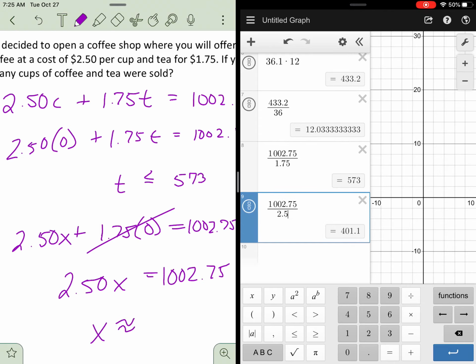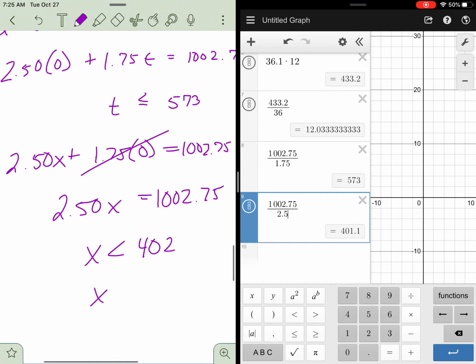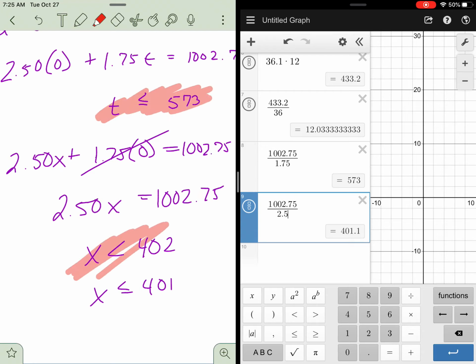Gives you 401 cups. Okay. So we could say less than 402 or less than or equal to 401 cups. Okay. So that's how you work through some word problems. You set it up like a standard form. Okay, and then go ahead and solve.